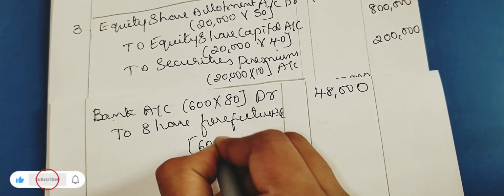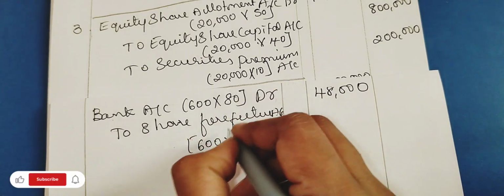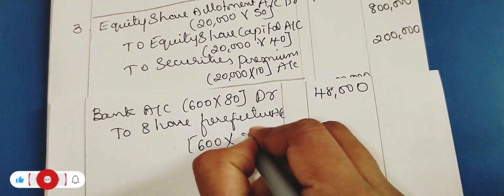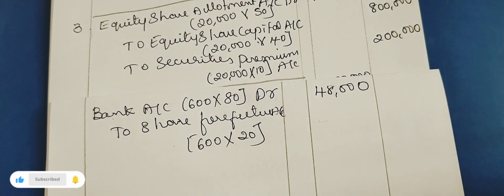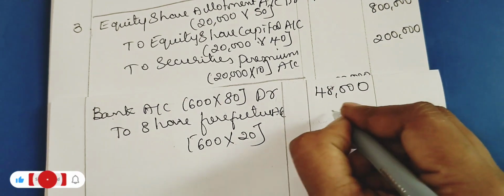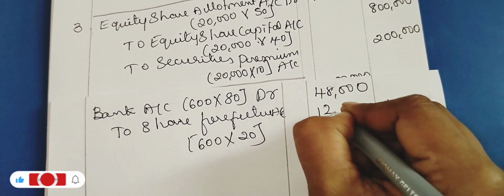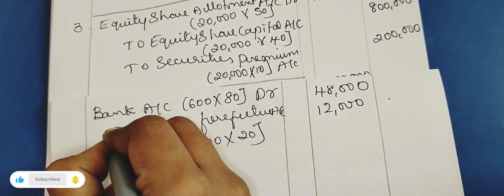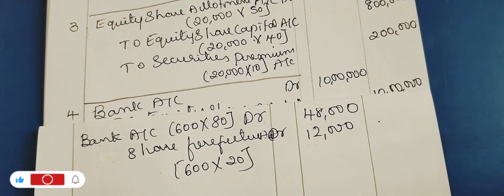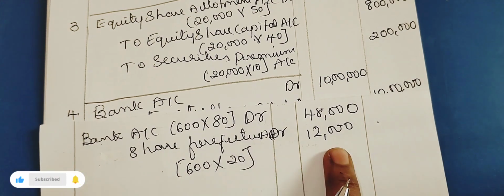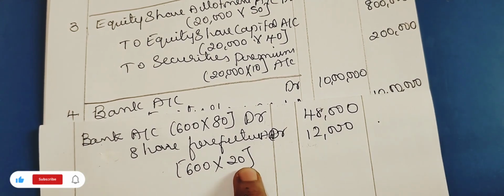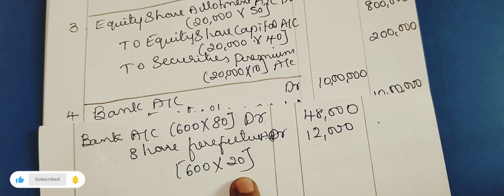600 shares only. Out of 100, 80 minus, if you subtract, then you will get 20. That is 600 into 20, 12,000. This also you need to debit. Share forfeited account debtor 12,000. 600 into 20, 100 minus 80 is 20.